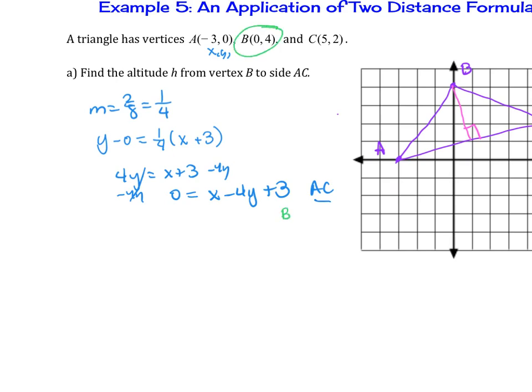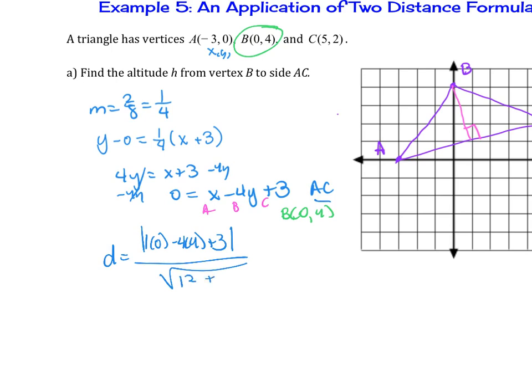So that's what we did earlier. B is (0, 4). And so the distance equals the absolute value of A times x plus B times y plus C, where A, B, C are the coefficients. So this is going to be 1 times 0 minus 4 times 4 plus 3, all over the square root of 1 squared plus (-4) squared.